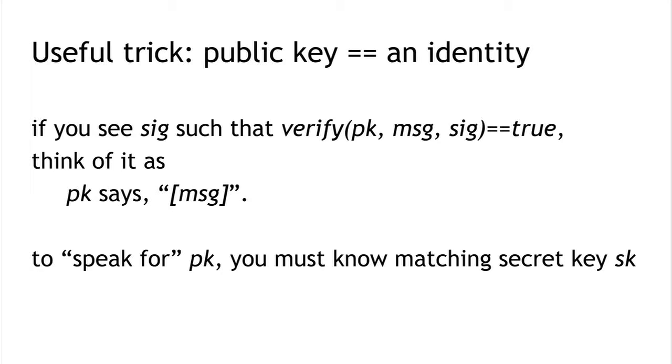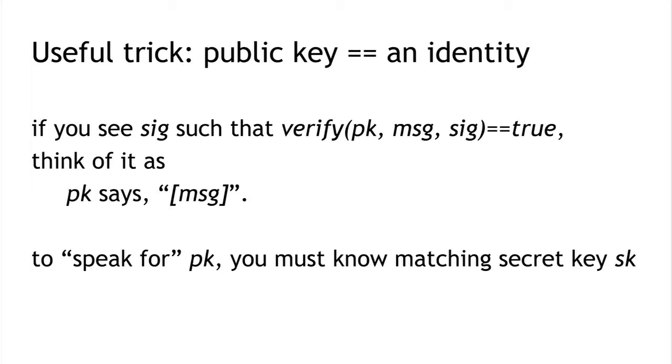You can literally think of a public key as an actor or a party in a system, and that they can make statements by signing those statements. In that mindset, this public key is like an identity. It's an actor who can do stuff in the system.